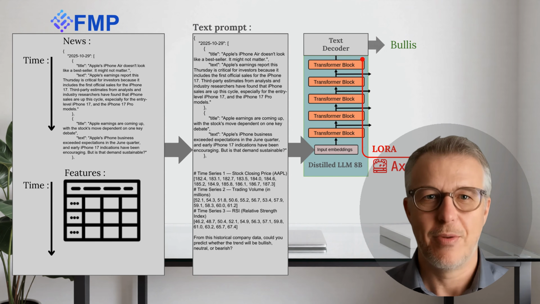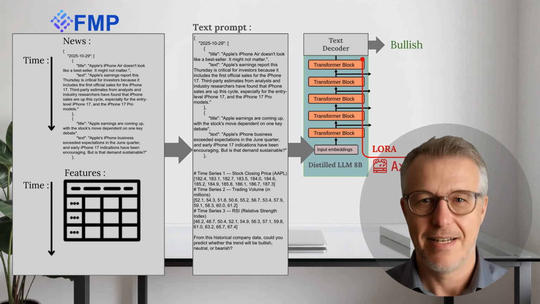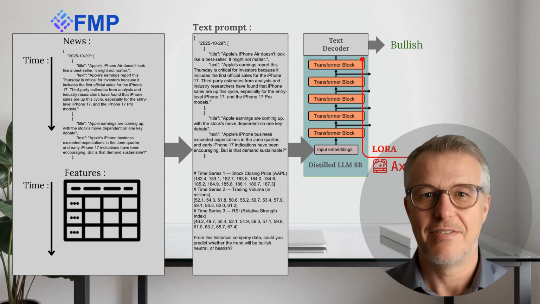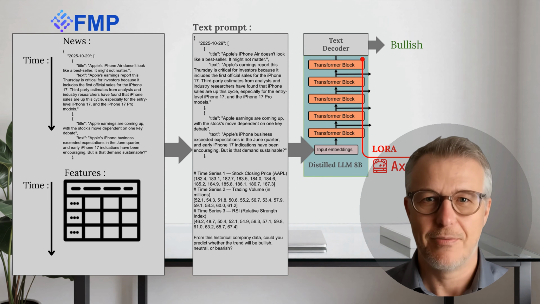A common approach when performing classification with an LLM is to use text decoder logits to extract class probabilities. However, the main drawback of this method is that the decoder is designed for text generation, not for well-balanced or controlled classification tasks.